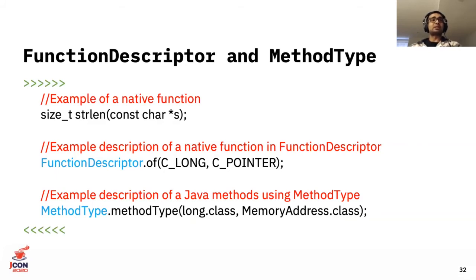For describing a native function through this API, the FunctionDescriptor class is available, which accepts the return type and the input arguments of the native function. For describing the Java methods, we already have an existing class named MethodType in the java.lang.invoke package. So this information is used by this API to call native functions from Java code and vice versa.